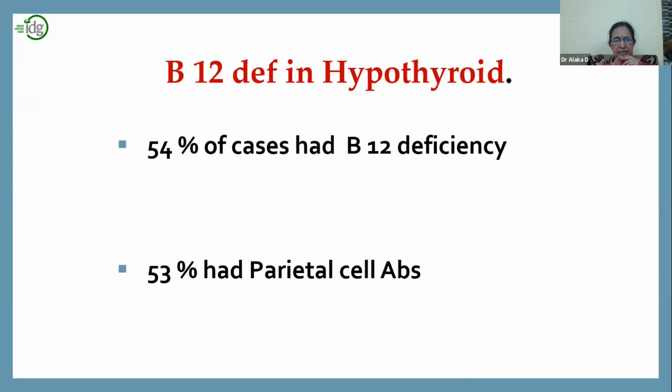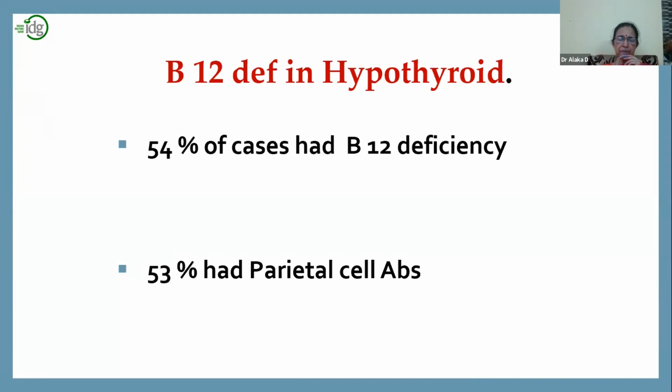Therefore, I further subjected them to parietal cell antibodies. I will not go into B12 absorption and other cases, but we need intrinsic factor for B12 absorption. And therefore, parietal cell antibodies will endorse that there is an absence of intrinsic factor.